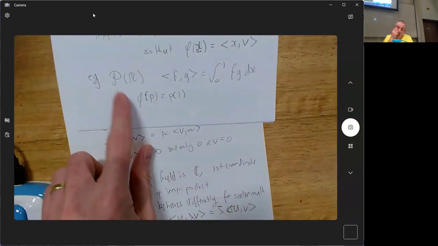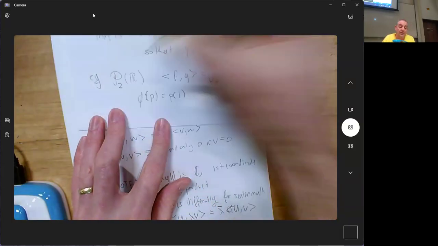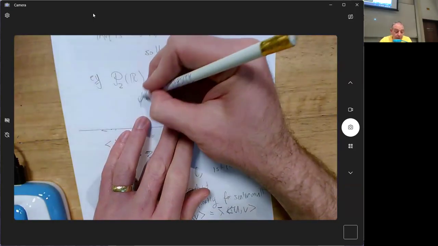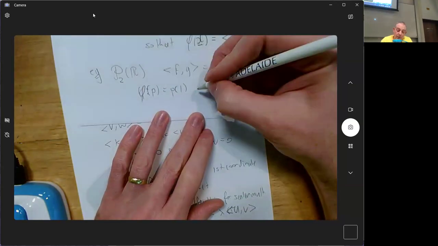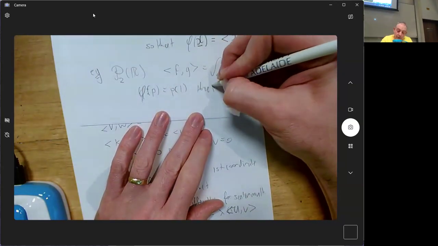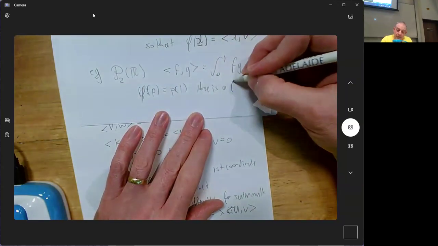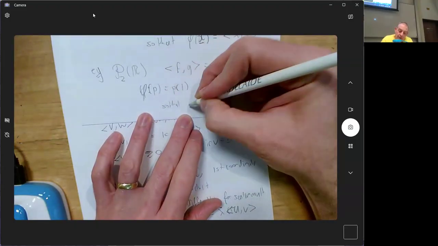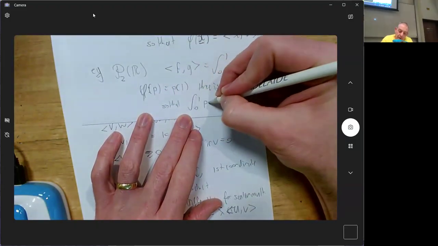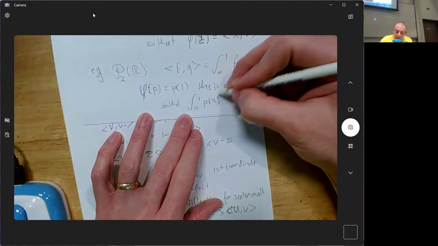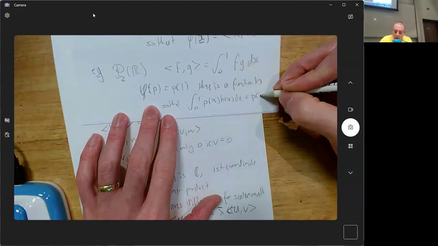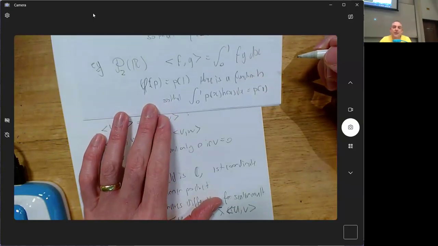As long as, oh, this isn't finite dimensional, so maybe we'll do it with just P2R. There must be a function h so that the integral from 0 to 1 of p(x) h(x) dx is p of 1 for every p.